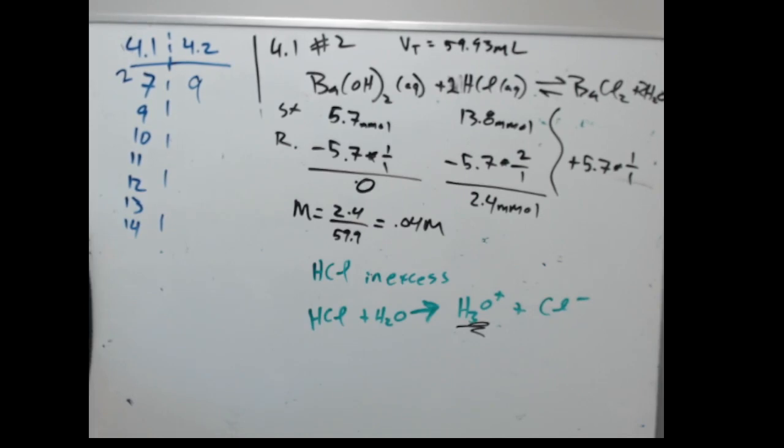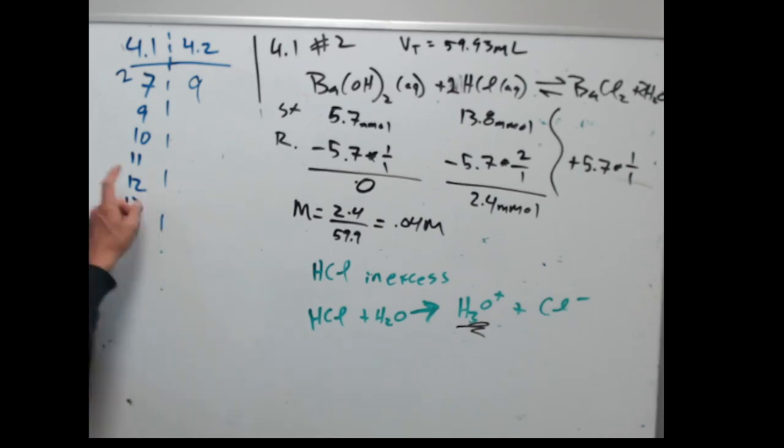If it was a weak acid, well, it depends on which point in the titration we are. At the initial point, it's just the weak acid. At the equivalence point, it's just the conjugate base. Somewhere in the buffer range, you're going to have two things, the weak acid and the conjugate base.